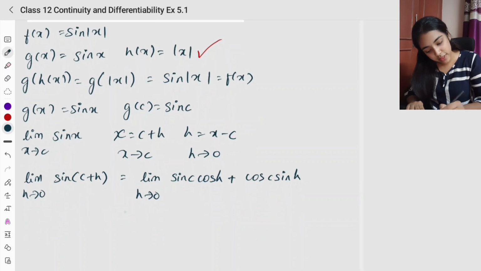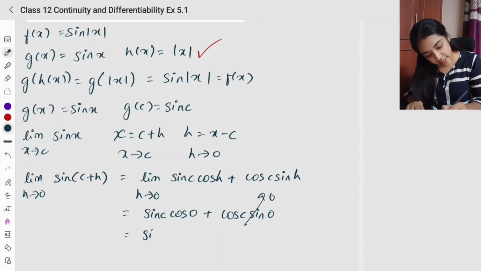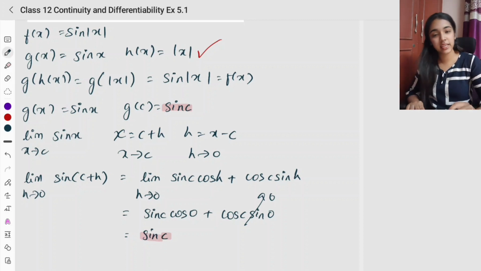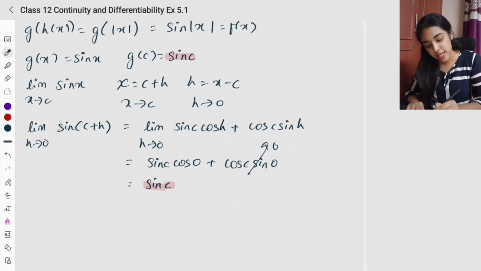So when I substitute the value of the limit, I'm going to have sine c cos 0 plus cos c sine 0. So this term is going to go off. So I'm going to have sin c. So in that sin c irukku. So I see that my limits are equal, limit and the function are equal. So sin x is a continuous function.